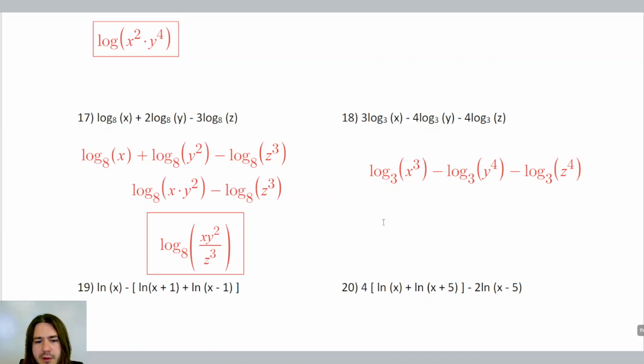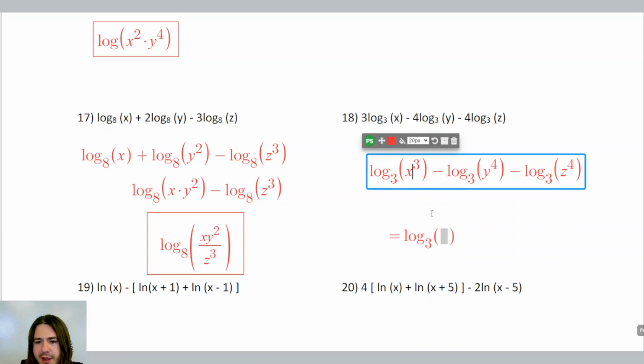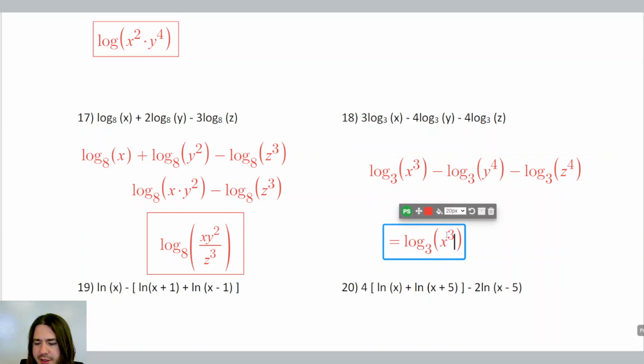So my final answer here should be log base 3 of, in the numerator, x cubed, and then in the denominator, y to the 4th times z to the 4th.